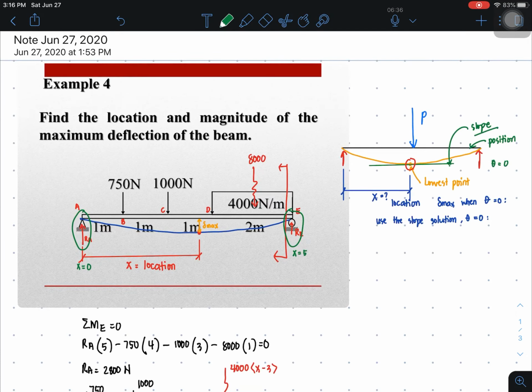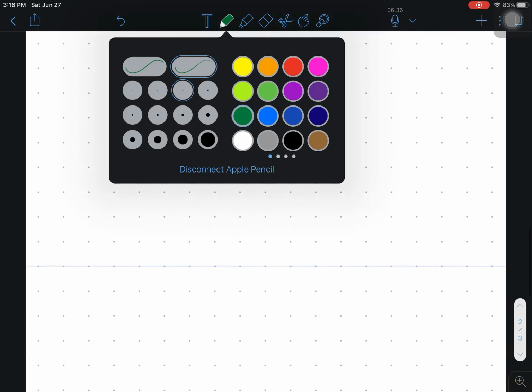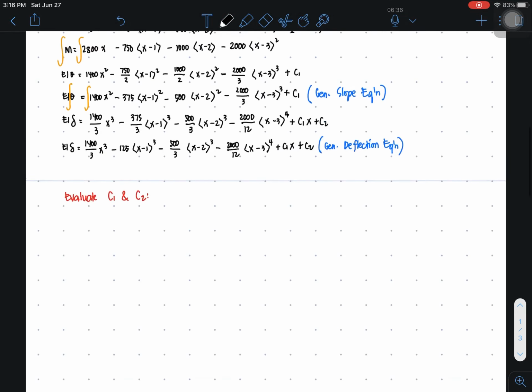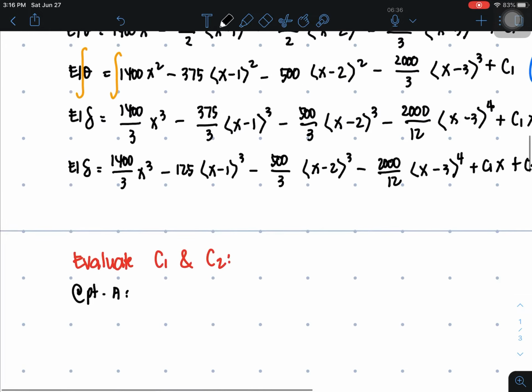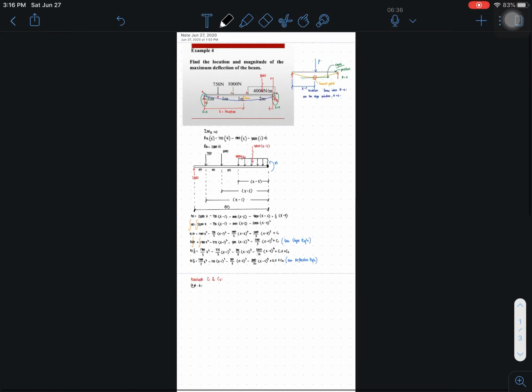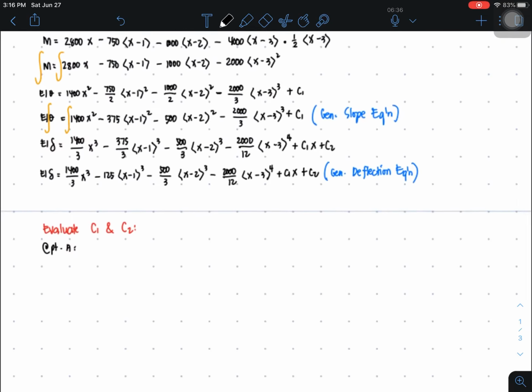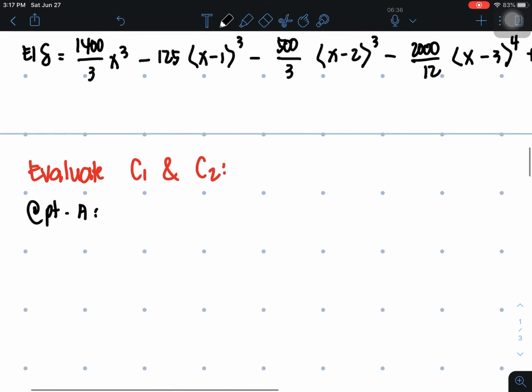So that's at A and at E. At point A, there is a hinge, so that's x equal to 0.